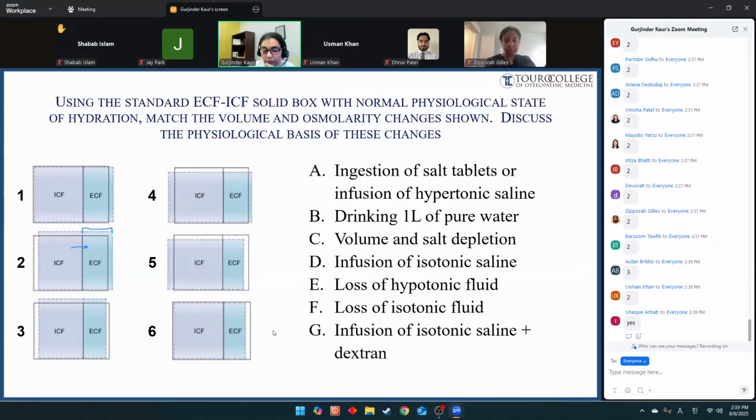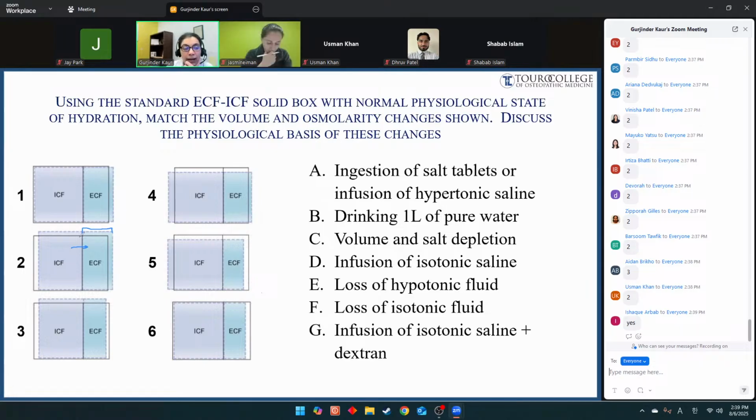Everyone got it? Okay, perfect. So cells are shrinking, they are losing water, and there is a water shift happening because of the higher osmolarity towards the ECF side. ICF and ECF want to come to a steady state, to equal osmolarity. So osmolarity is now down a little bit here, right?